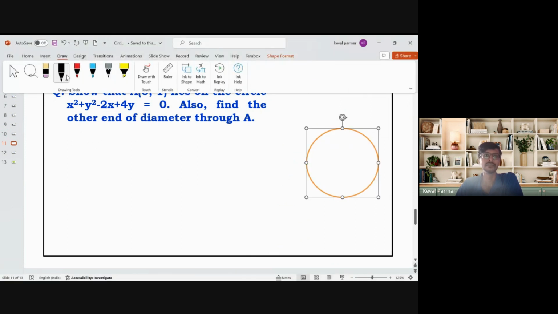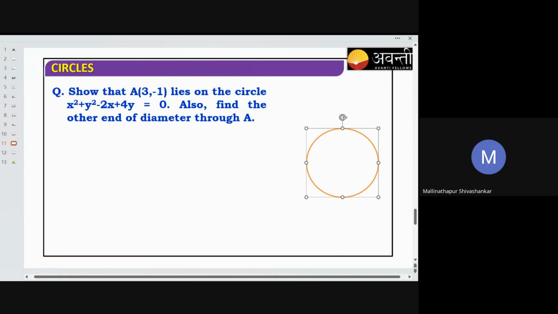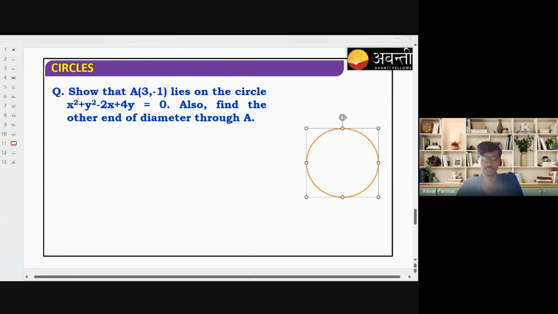Here, this circle. Is there any doubt? Or is it clear? No doubts? Fine. So what does this say?